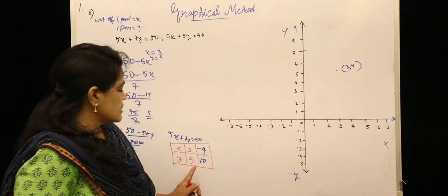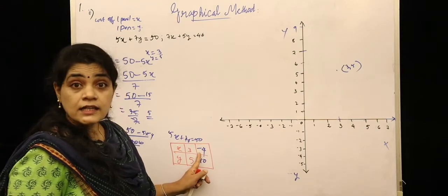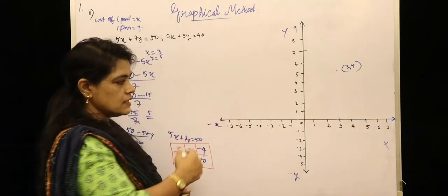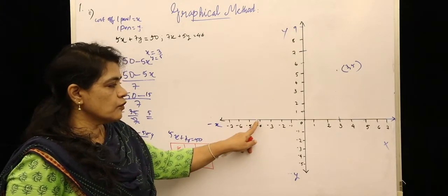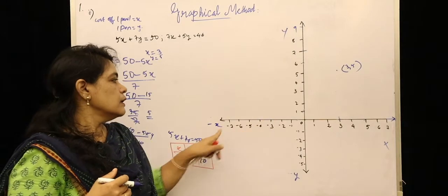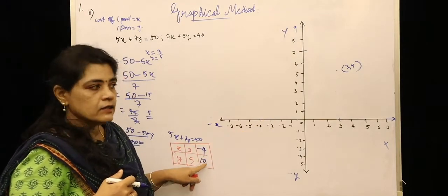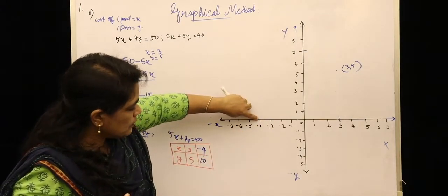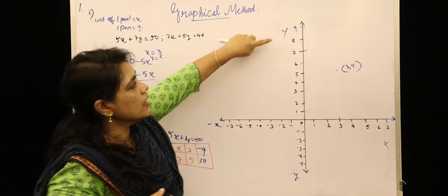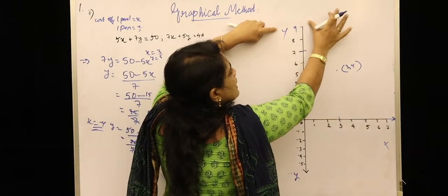And in order to get the second values, here we have minus 4, which comes in the negative x-axis, this side. So negative 4 should be taken on the left side of the number line, and 10. So from negative 4 you have to go up towards 10. But we have already marked up to 9 here.